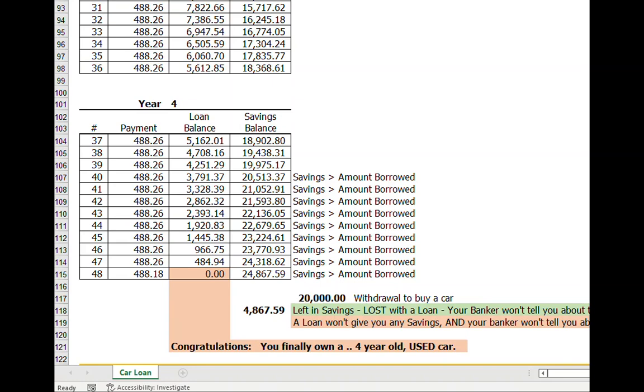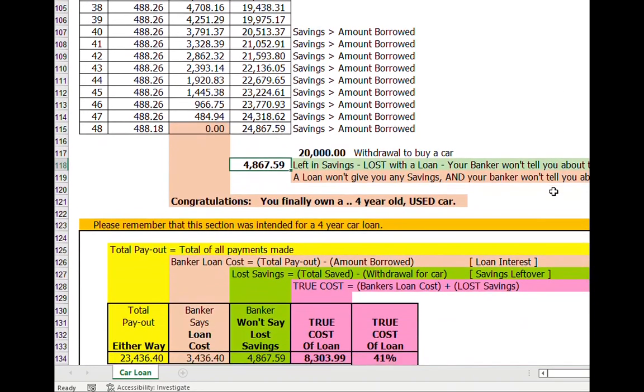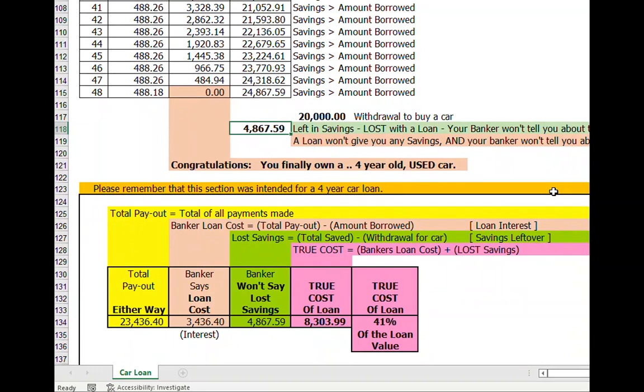When you add that lost savings to all the interest paid for the loan, the total true cost of the loan is $8,867. That's a whopping 41% of the original loan value.